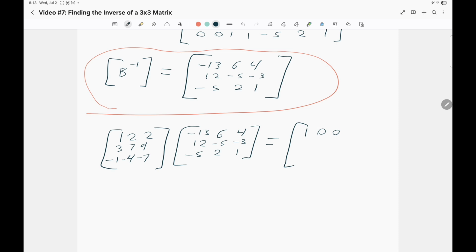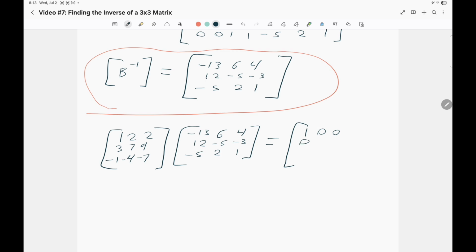All right, now moving on to the next row. 3 times 13, 3 times -13, -39. Whoa. -39 plus 84, 45. 45 minus 45, 0.